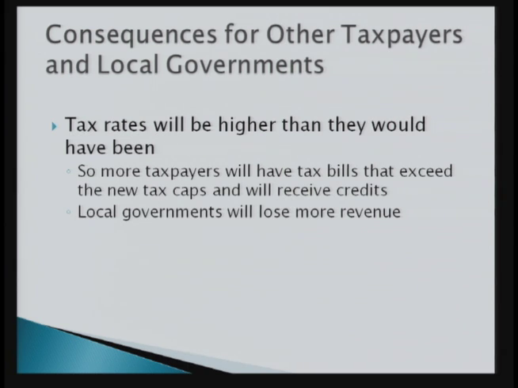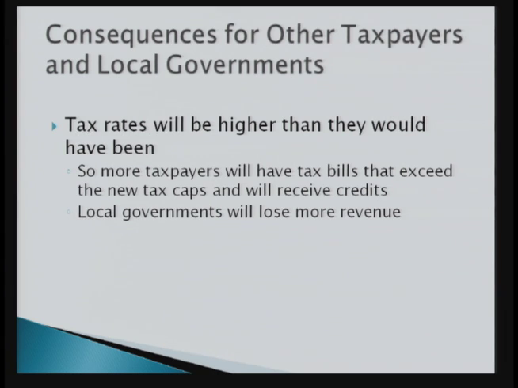Taxpayers will be more likely to see their tax bills exceed the tax caps, and they will therefore receive a credit so that they don't have to pay their full tax bill. Well, if they don't pay their full tax bill, then the local governments receive less in tax revenue. So this change in the way we assess farmland reduces assessed value, raises tax rates from what they would have been, and makes local governments in rural areas more vulnerable to revenue losses from the tax caps.